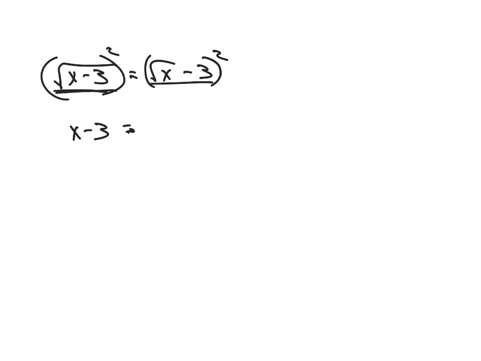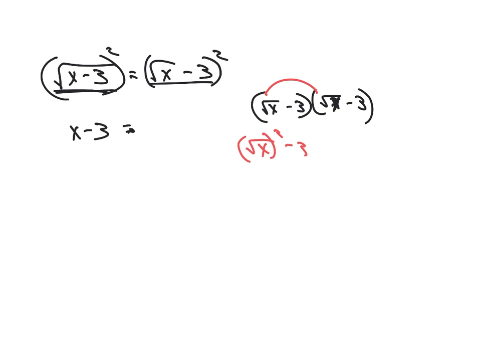So when I do that, let's go ahead and do that over here. I want you to see what happens. Okay, first, square root of x squared, because I multiplied the square root of x times the square root of x. Okay, outside, inside, last.